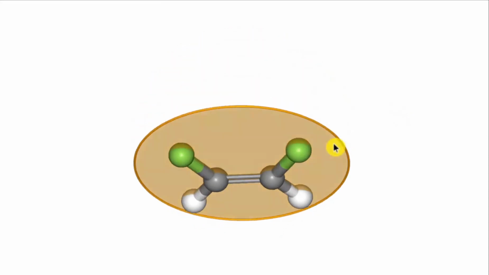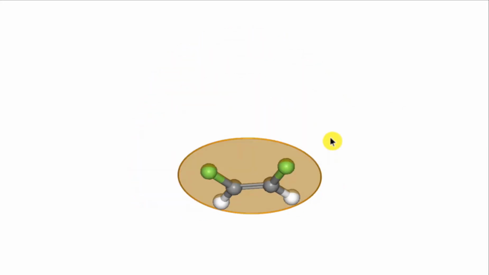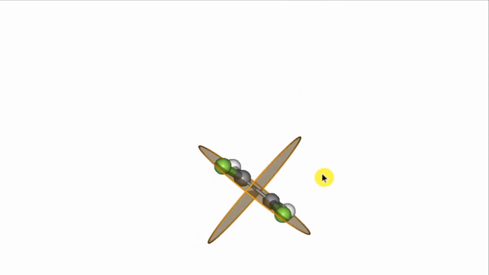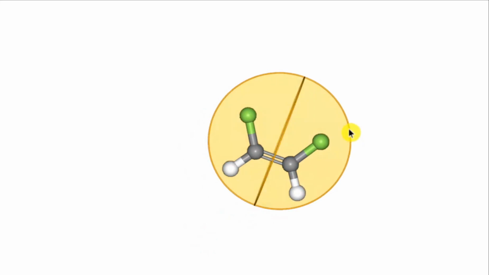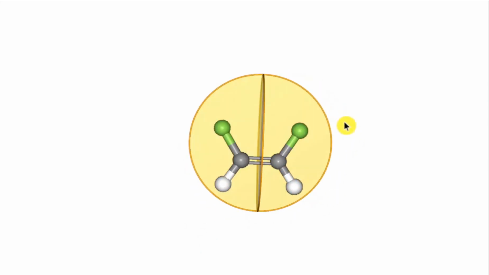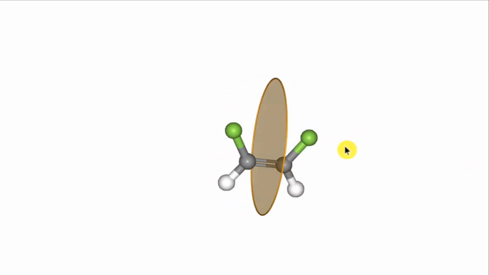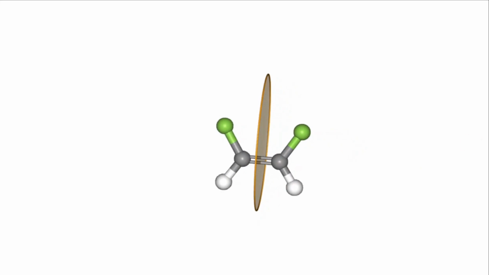This is the molecular plane, and there is another plane which bisects this molecular plane in the middle, and this is the other plane present in this molecule. So this molecule has two planes of symmetry. One is this one, and the other is the molecular plane. If I reflect all atoms through this plane, you can see that all atoms get shifted and get exchanged with the same atom.